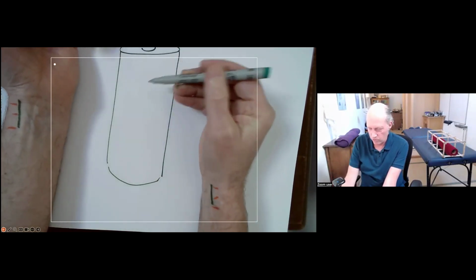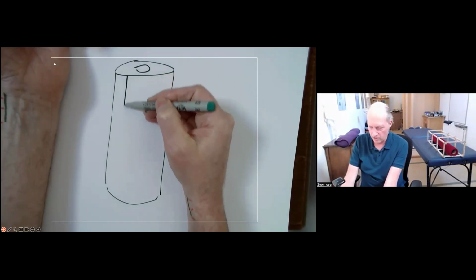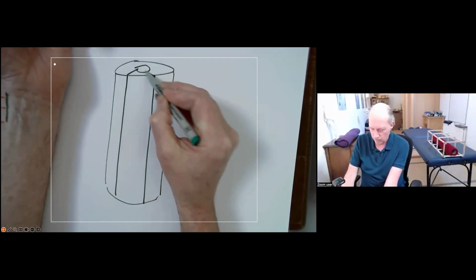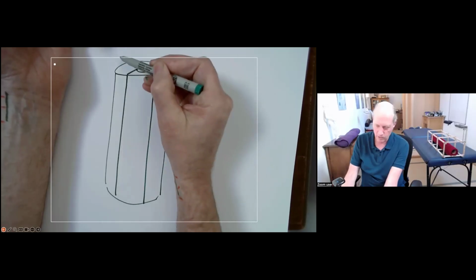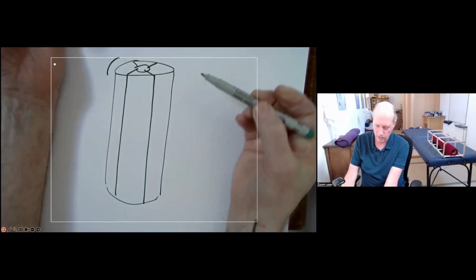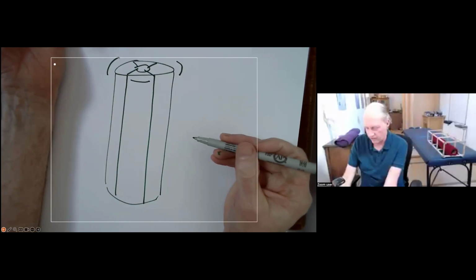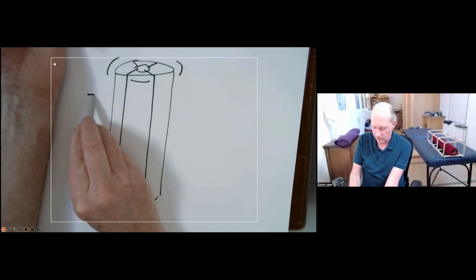It's a tube, and it has sides, and you could sort of split it up. So we've got the outer side, the inner side, and the top side. And the order of palpation is like this.